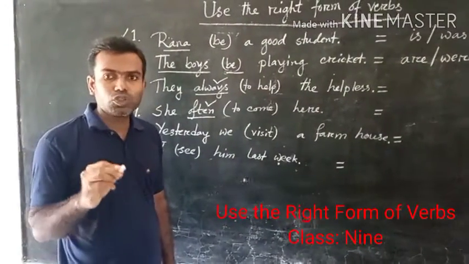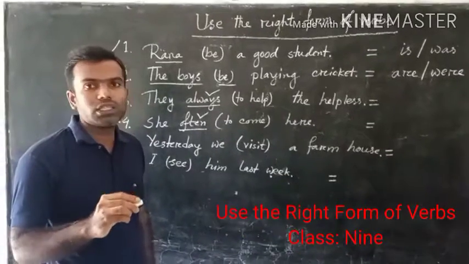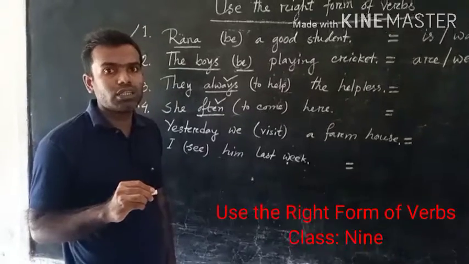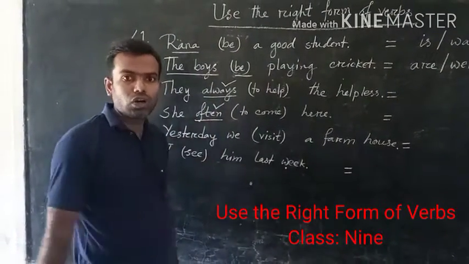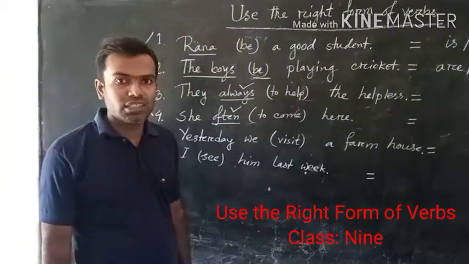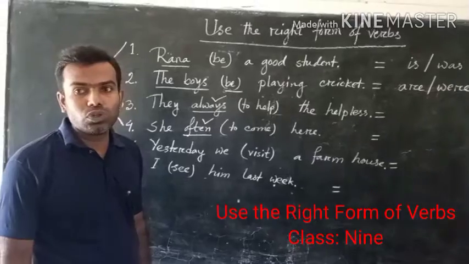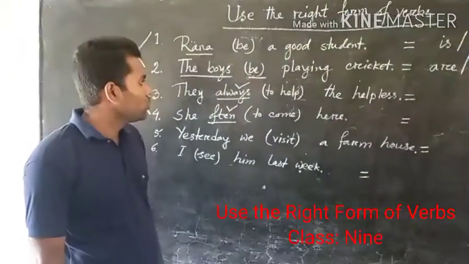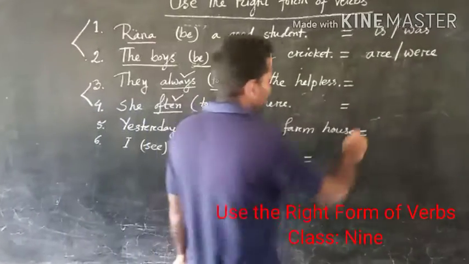If there is no mention of time in a sentence, present or past, but there is a word like always, often, normally, usually, generally, etc., we have to use present indefinite tense. So the answer will be help.